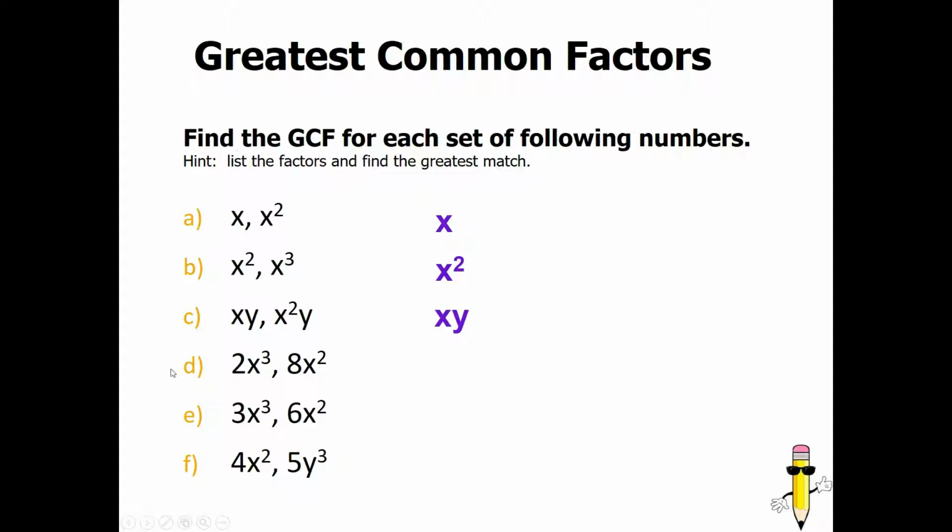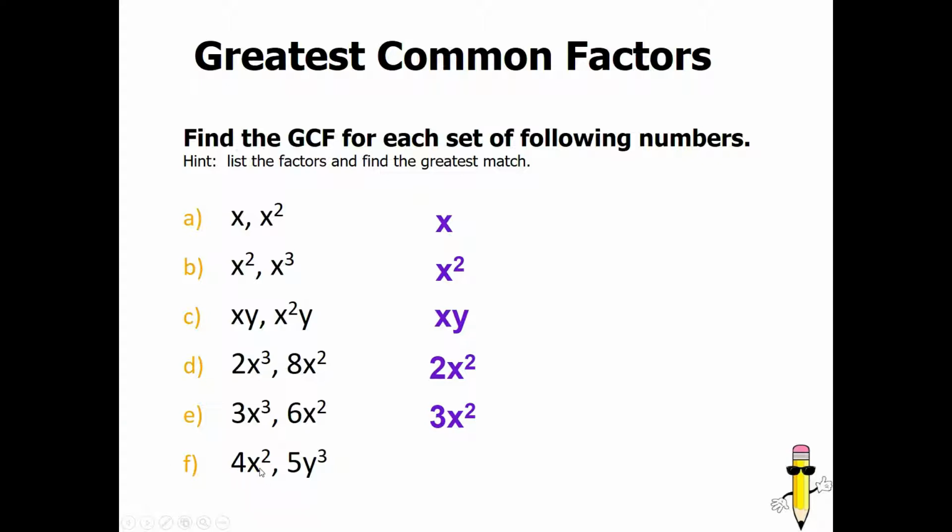XY. And then if we take a look at 2x to the third and 8x to the second, what's that going to be? It's probably going to involve a number and a variable, and that's going to be 2x squared. And then we've got 3x to the third and 6x to the second, and those are going to have both a number and a variable in common, and that's going to be 3x squared.